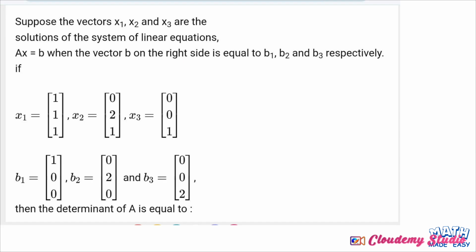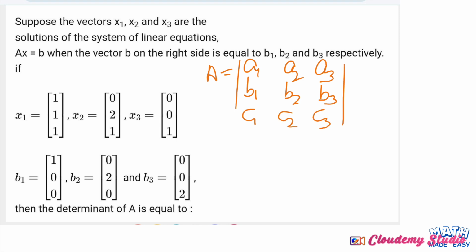Now next question: suppose x1, x2, x3 are the solutions of the system of linear equations, with b on the right side, b1, b2, b3. Let us write your A matrix as a1 a2 a3, b1 b2 b3, c1 c2 c3. Now we know Ax1 equals b1, and x1 and b1 are given to us.